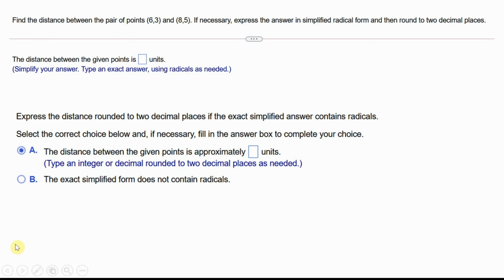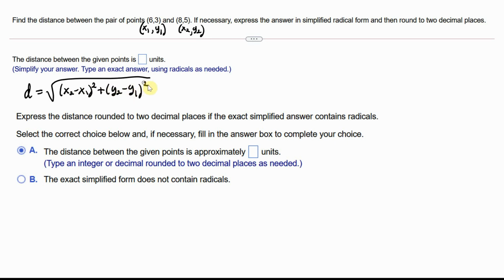So here, find the distance between this pair of points. By using that formula, the distance is equal to, so this would be x sub 1 and y sub 1, and this is x sub 2 and y sub 2. So the distance is the square root of x sub 2 minus x sub 1, squared, plus y sub 2 minus y sub 1, squared.